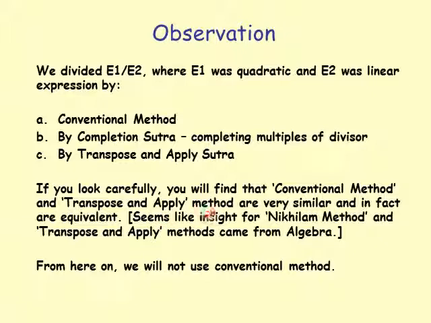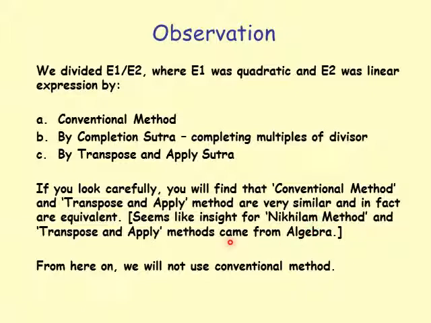It would seem that for the Nikhilam method and the transpose and apply method, the insight came from algebra. We have two methods of division, the Nikhilam method and transpose and apply, which are similar, based on the same concept, and it seems like the insight for these methods might have come from algebra.